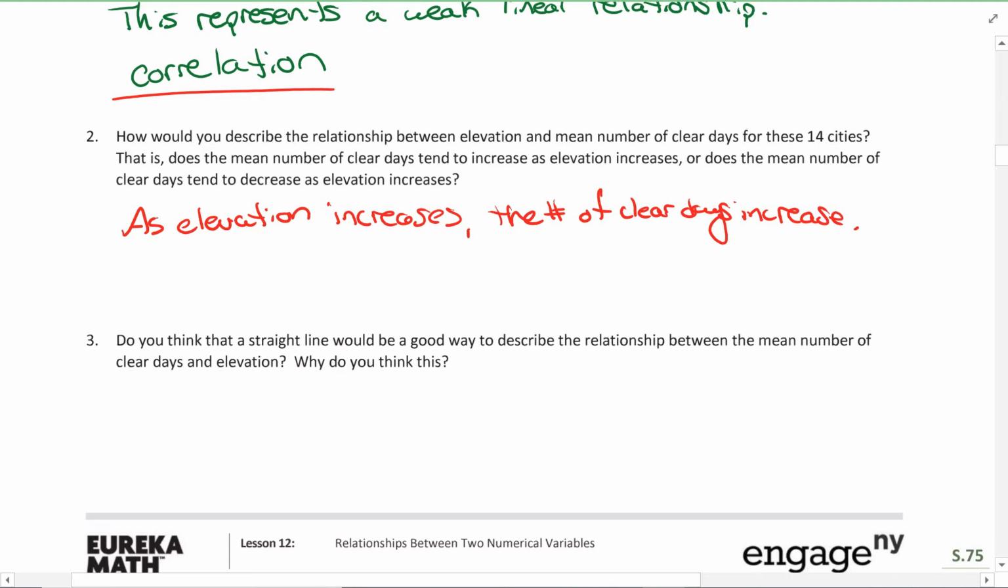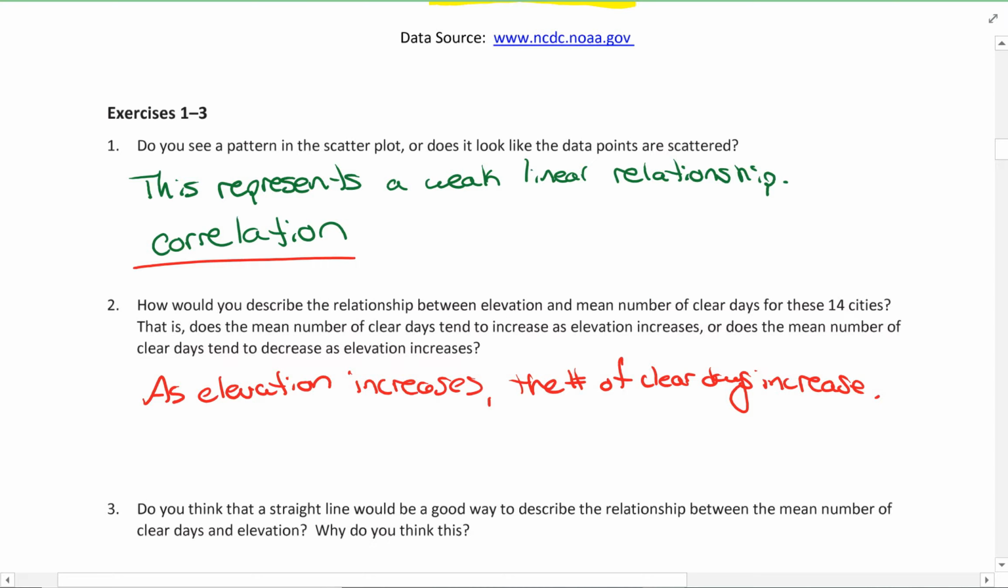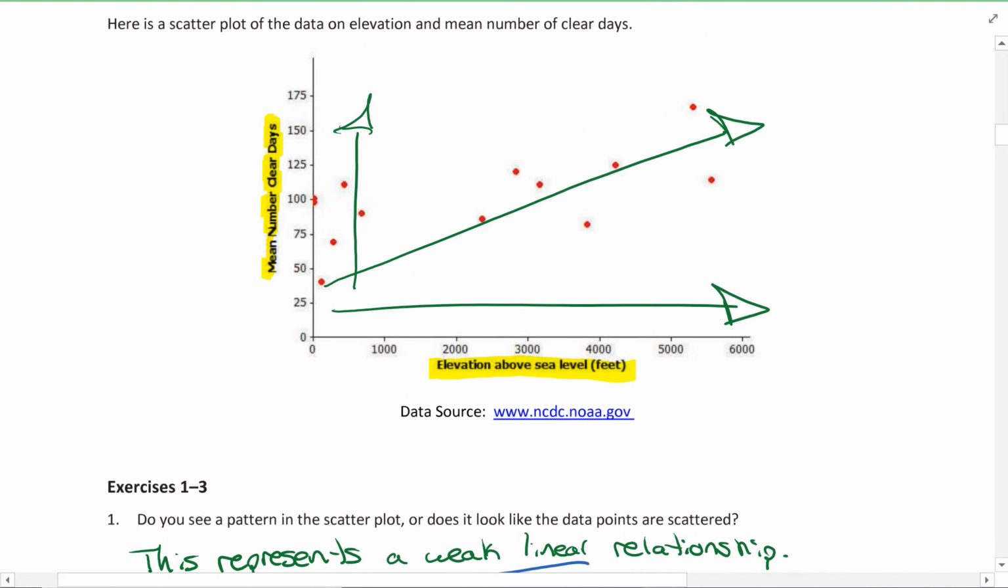Number 3, do you think that a straight line would be a good way to describe the relationship between the mean number of clear days and elevation? Why do you think this? So again, we kind of already said it in the very beginning. We said there's a weak linear relationship, because if we look at this graph, it's kind of going in a straight line. The only other options we would have, at least in Math 1, would be an exponential, which would look like this, or like this, which this clearly is not, and quadratic, which looks like this, or this.